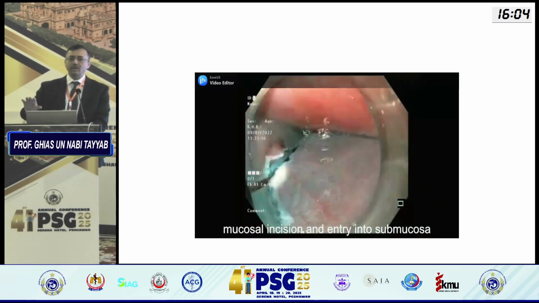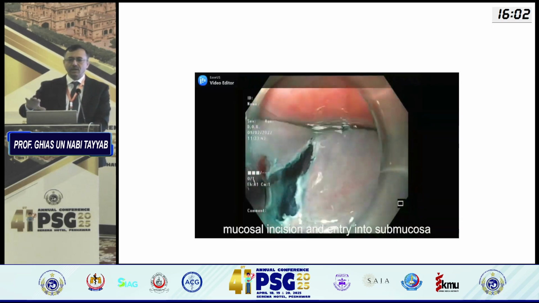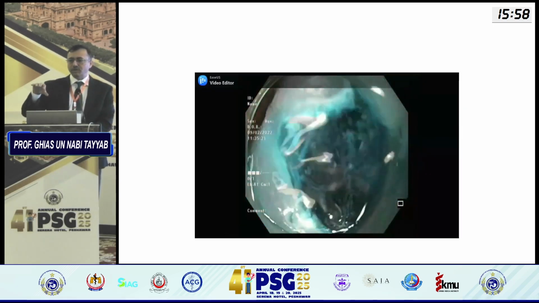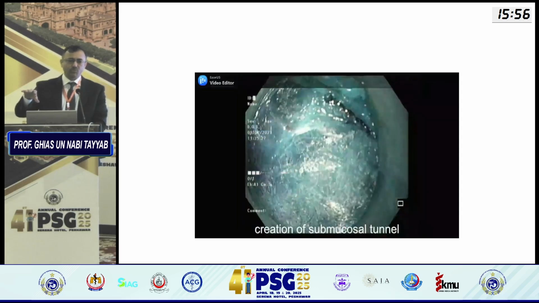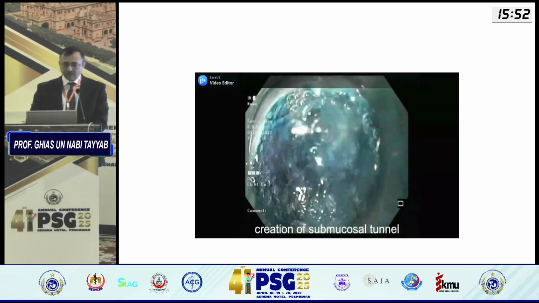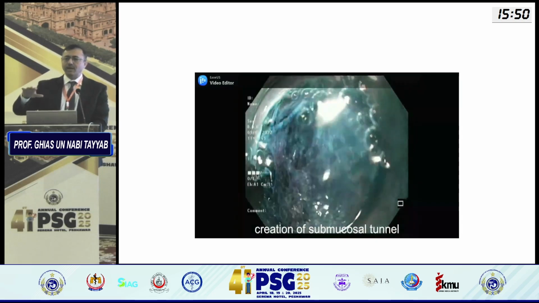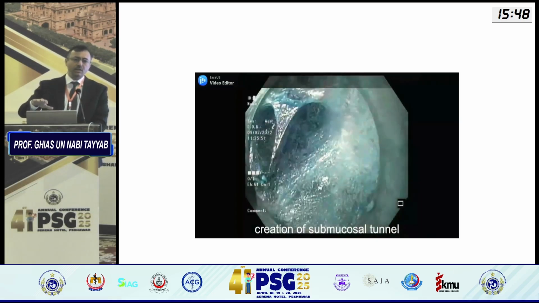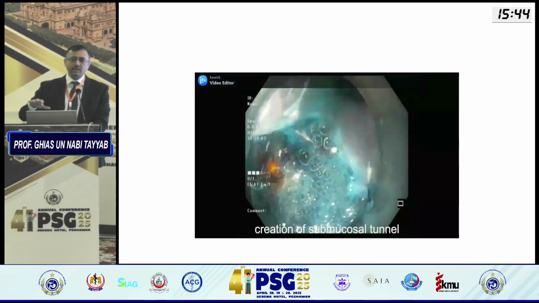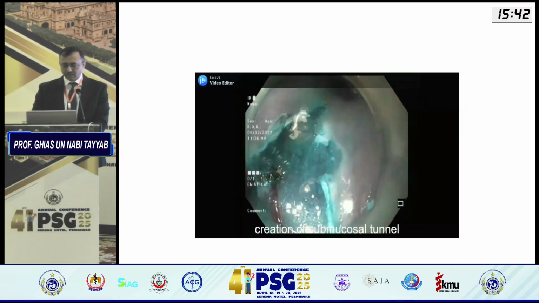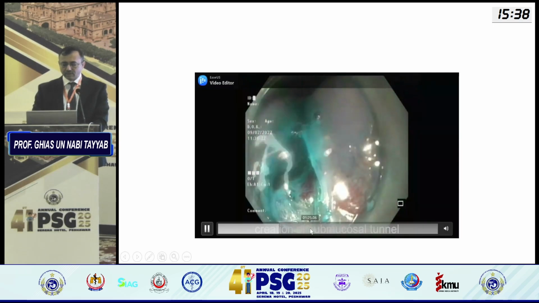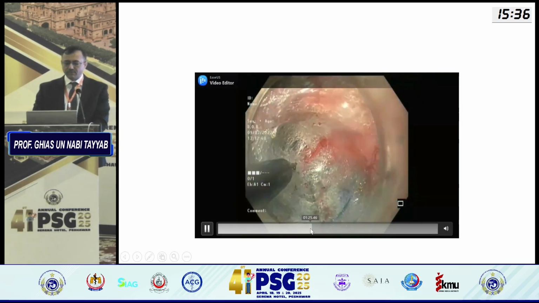We create a submucosal space, enough space to push the endoscope down into the space between the mucosa on one side and the muscle on the other side. And once we are in that space, we start dissecting the submucosa by injecting the saline, and we continue dissecting all the way down to the EG junction.